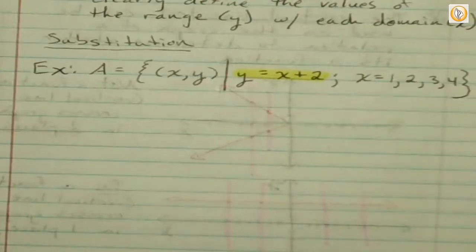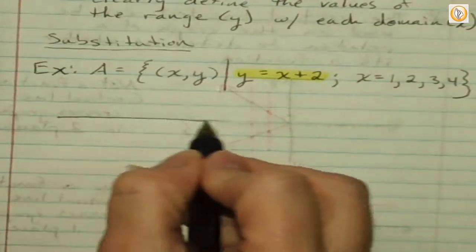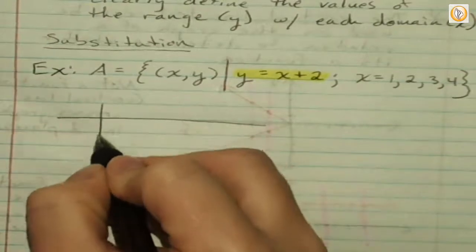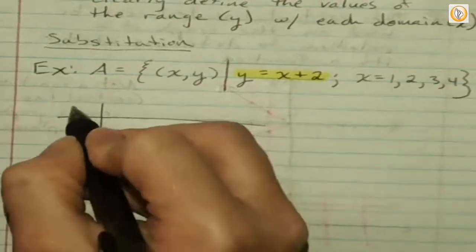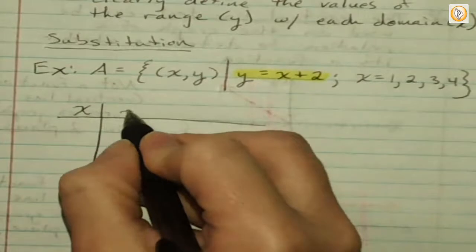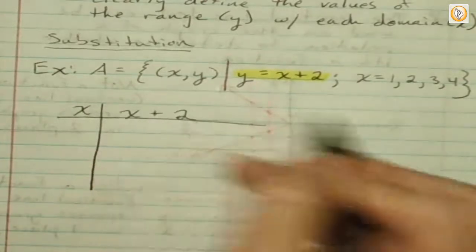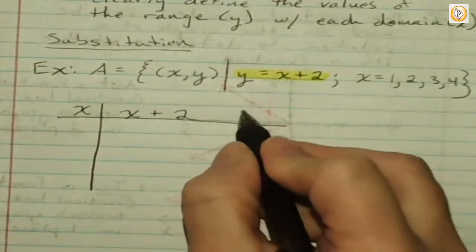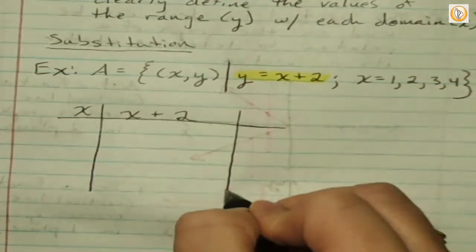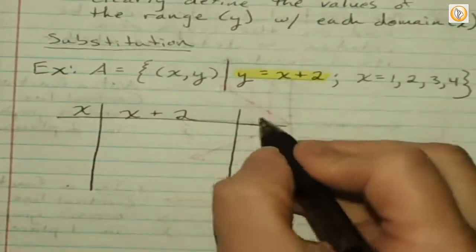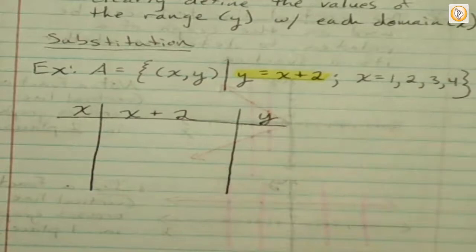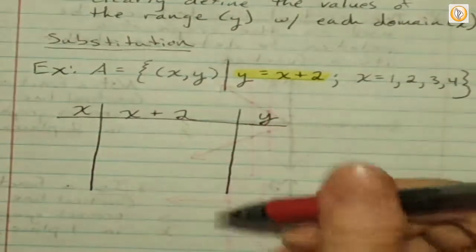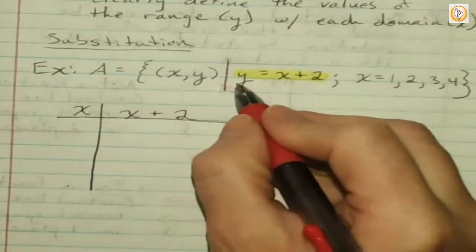And we're going to set it up, watch this, in a table. Now your book, don't write it. Your book is going to set it up a little differently. You're going to set it up like I'm setting it up to help you out. This is going to be your Y. So here is your equation.